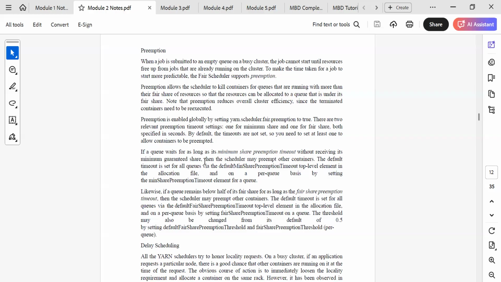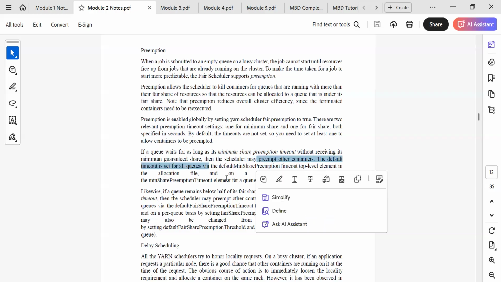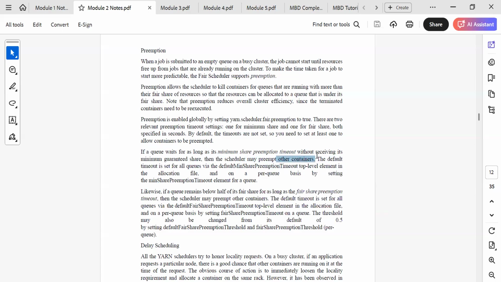By default, the timeouts are not set, so you need to set at least one to allow containers to be preempted. If a queue waits for as long as its minimum share preemption timeout without receiving its minimum guaranteed share, then the scheduler may preempt other containers.